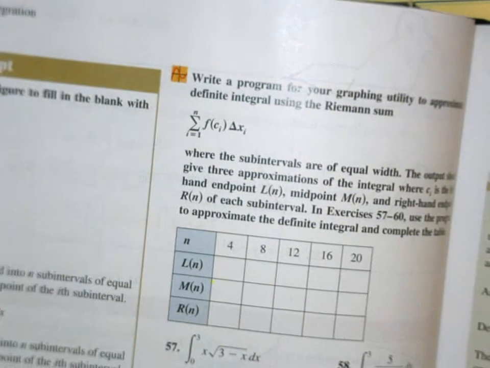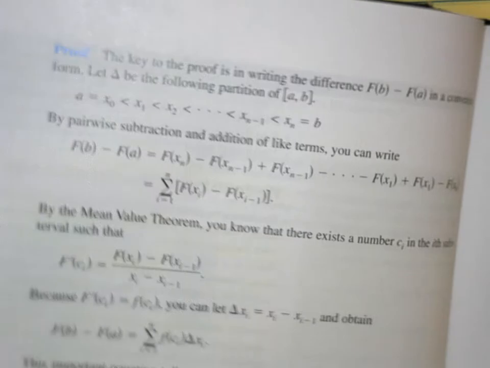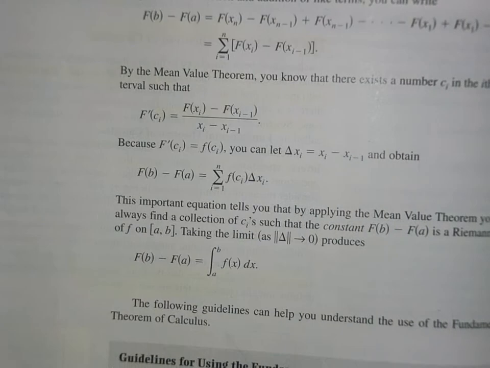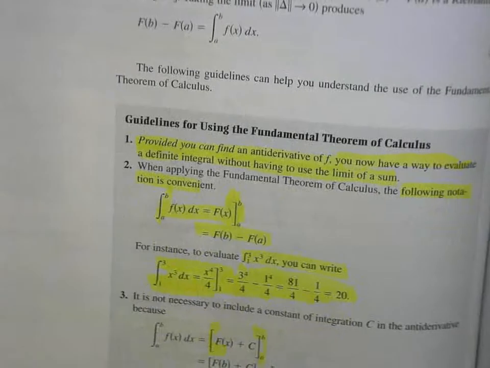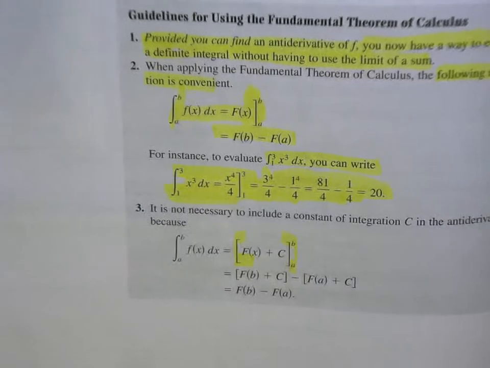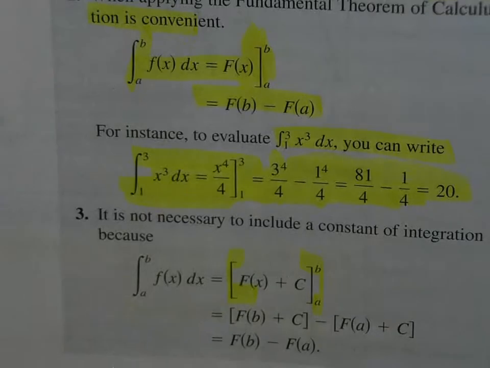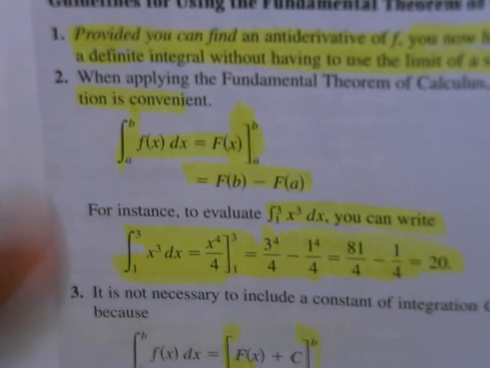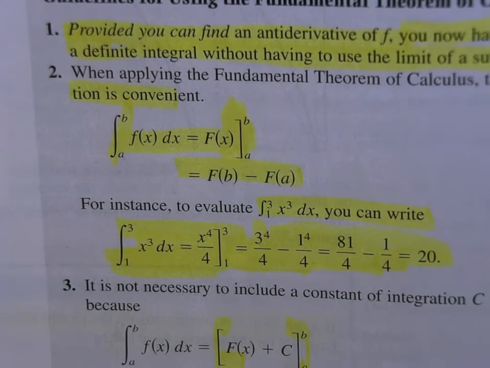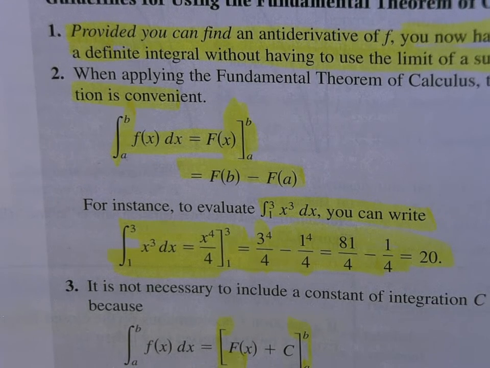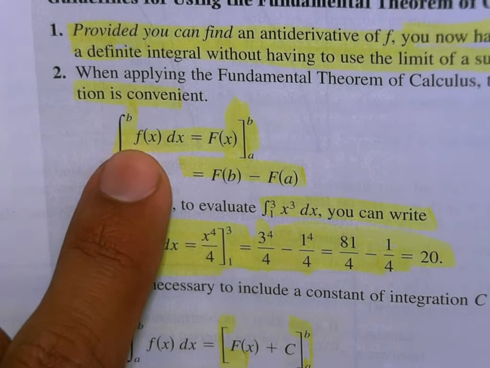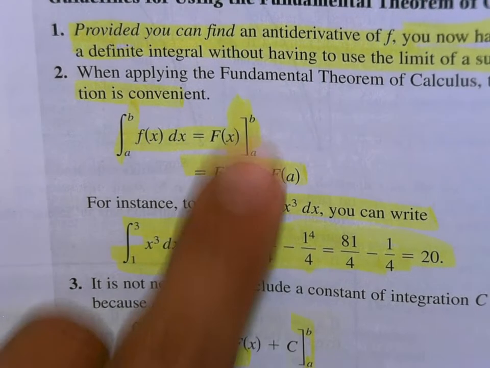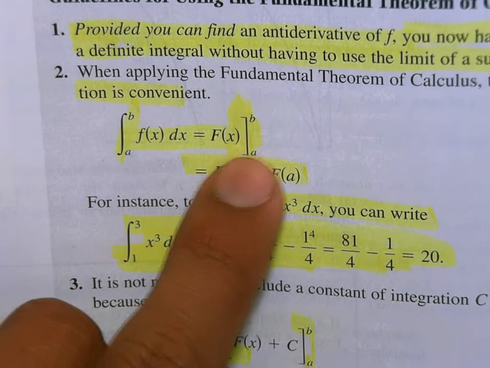When I look at how they do this on page 276, let me show you what it looks like on 276. Zooming in. So they've taken the integral of little f of x, and look, there's only a single bracket on this big F of x.